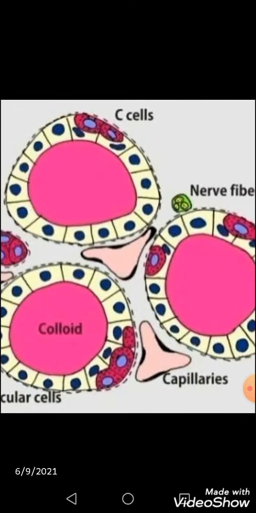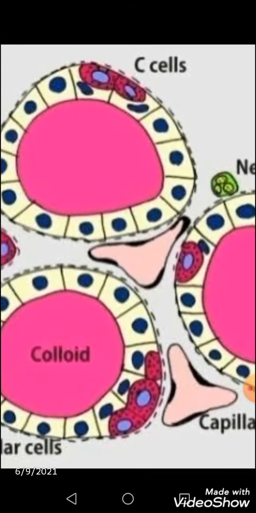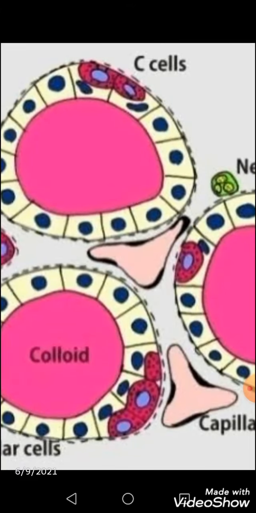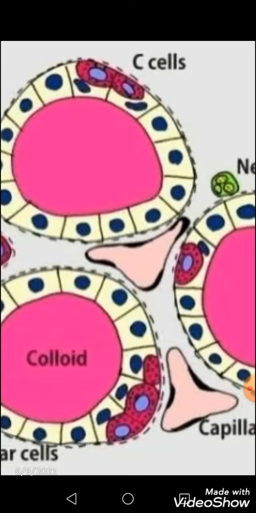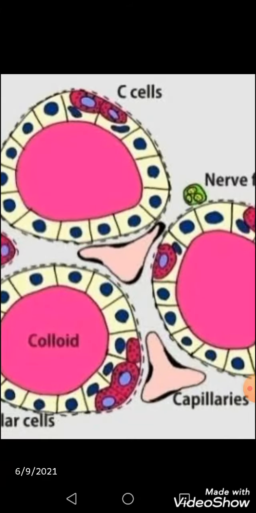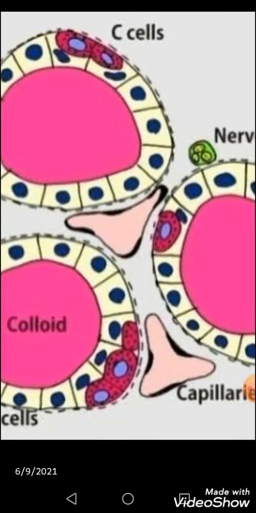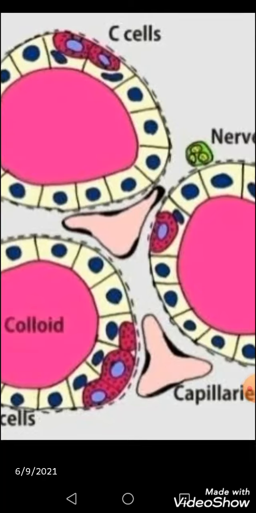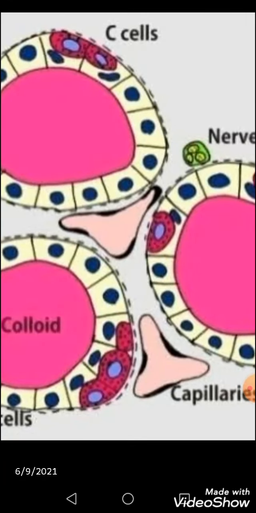And what else do you notice about the follicular cells? They take embryological origin from the endoderm through Rathke's pouch, and the parafollicular cells get their origin from the ultimobranchial body or neural crest cells, right?